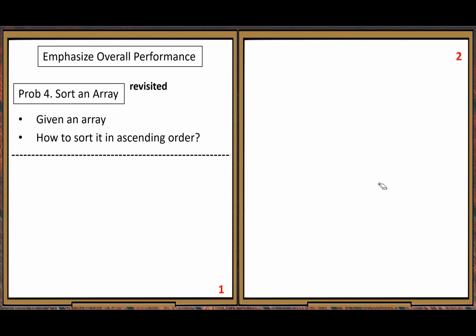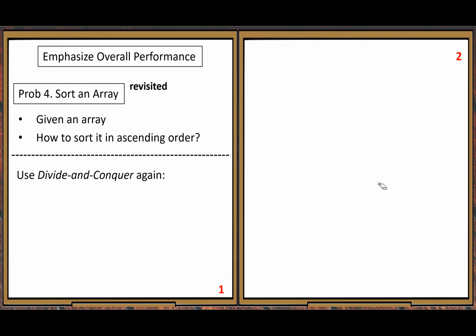This is our original sorting problem, number 4. We use the divide and conquer approach, but we do it differently here. Remember when we did insertion sort and merge sort, we also used divide and conquer, right?